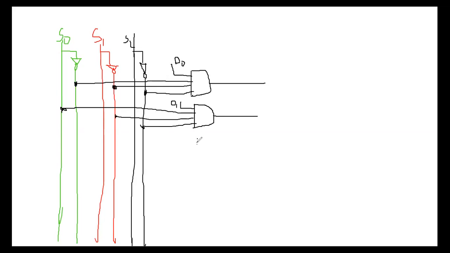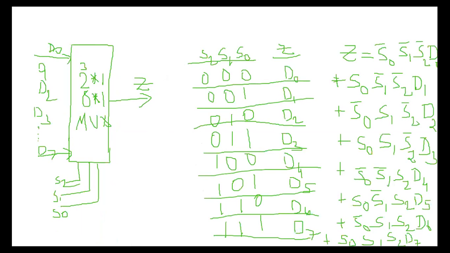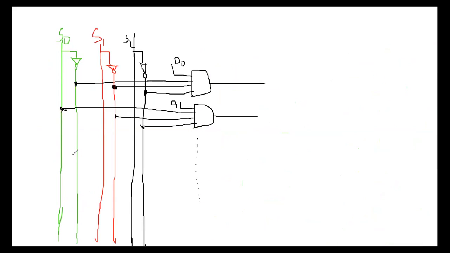So like that, you can use all the AND gates according to our Boolean function. And the last term you can see here, S0, S1, S2 and D7. Now I am drawing the last one, S0, S1 and S2, all are uncomplemented, and another input is D7.